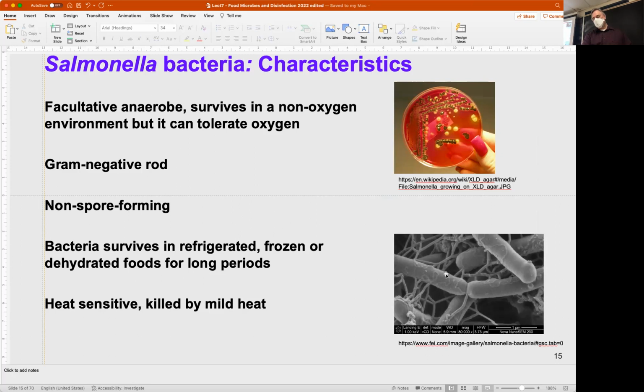It can survive in refrigerated or frozen foods for a long period of time. So if you freeze it and then thaw it, you can still have the Salmonella there. Refrigerating it doesn't kill the bacteria, but if you heat it, you can kill it.